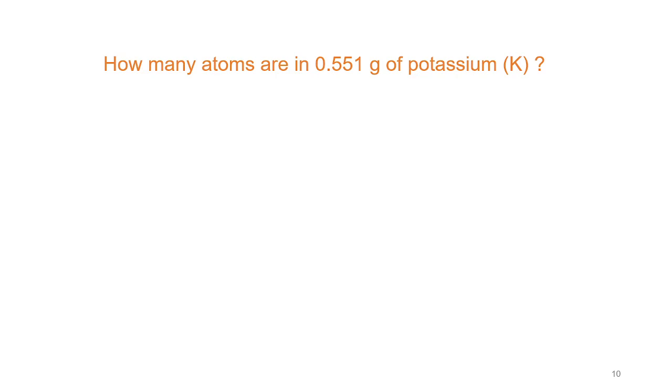First, let's define the molar mass of the atom. If you check your periodic table of elements, 1 mole of potassium is 39.10 grams of potassium. So that is the atomic mass.